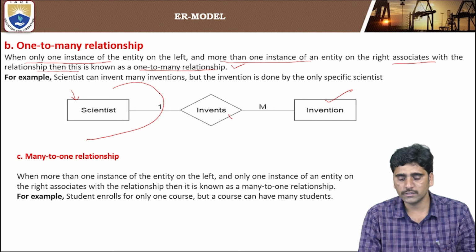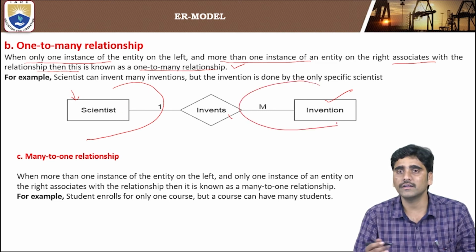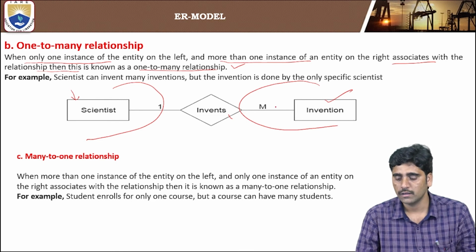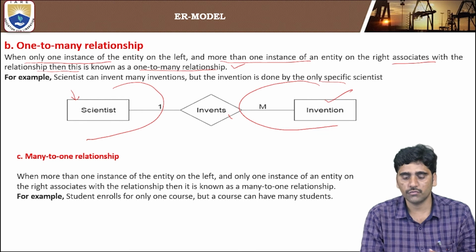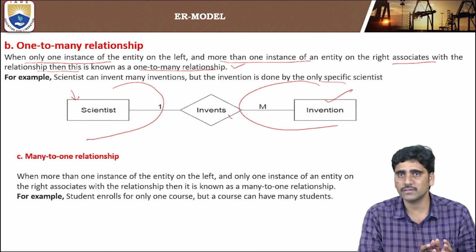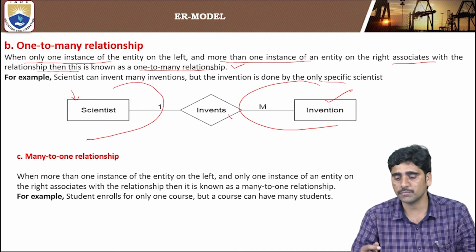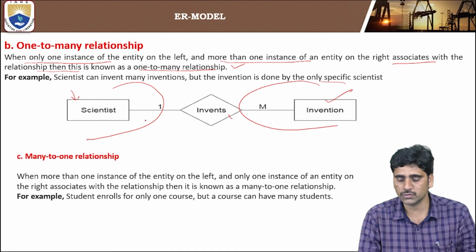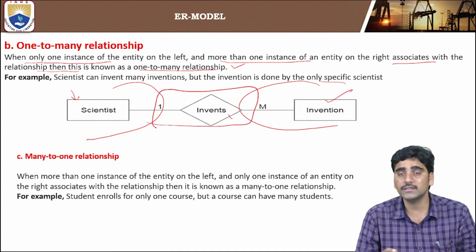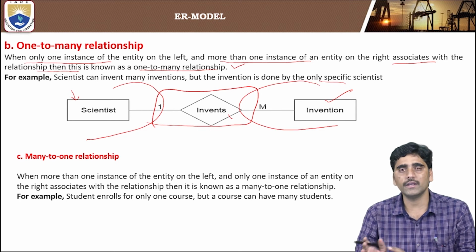So the scientist is one instance, and inventions are the other side, where the right side instance is multiple instances. So only one instance from the left entity and more than one instance from the right entity are associated, meaning related. When these two are associated, it is called a one to many relationship.